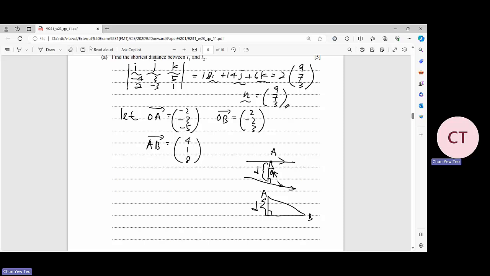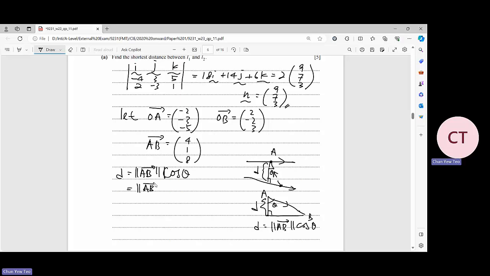Maybe we can put the arrow AB like this. You can see that this is the theta. Then the distance is actually the magnitude of AB cos theta. So D is equal to the magnitude of AB cos theta. This is supposed to be the formula.